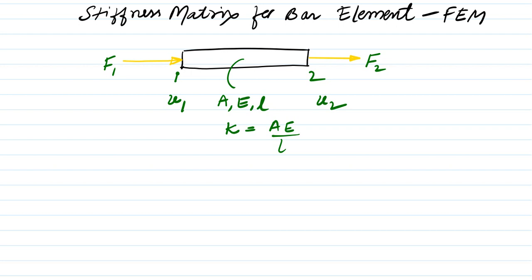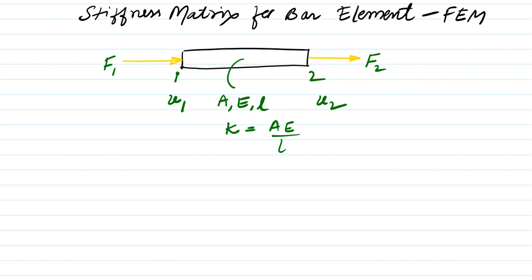Since the displacements are produced at two nodes simultaneously, the applied forces are equated with the net resisting forces. To make this very clear, I will draw one more figure.